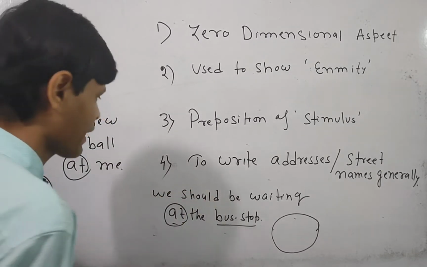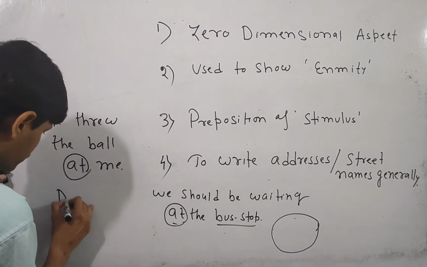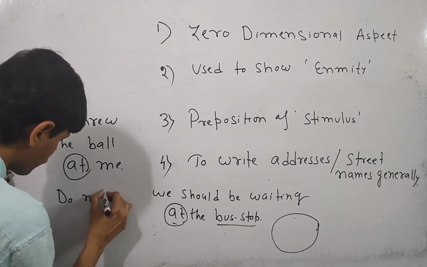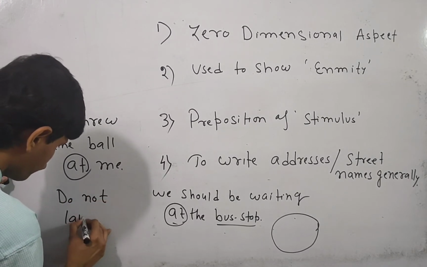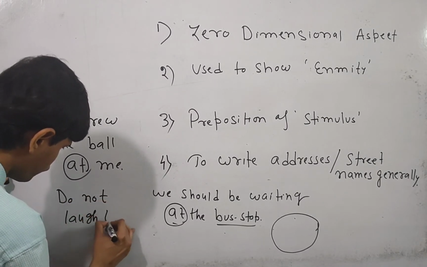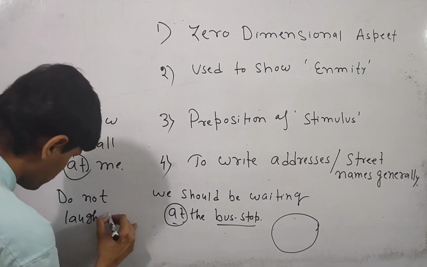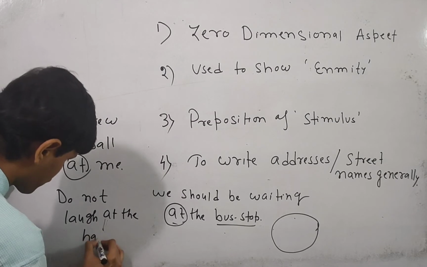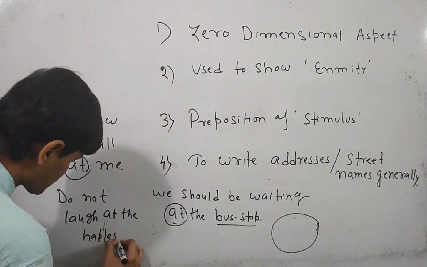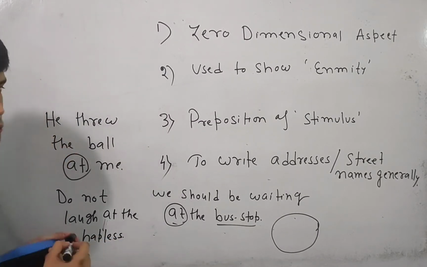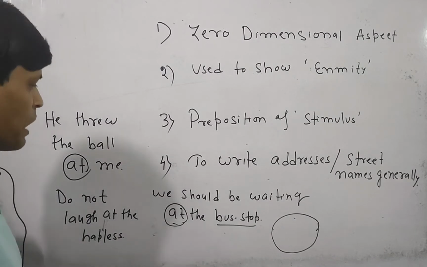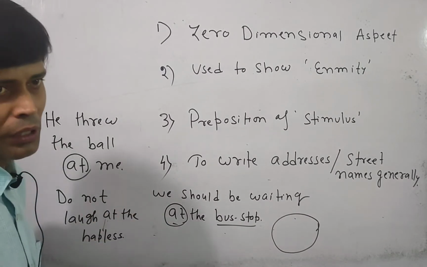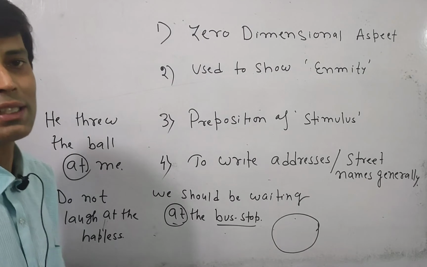I am giving another example. Do not laugh at the hapless. Hapless means unfortunate. That means whenever we laugh at someone, we are just going to mock someone.